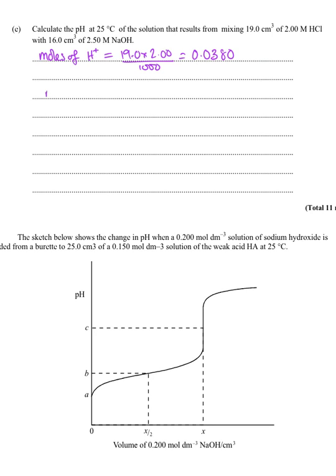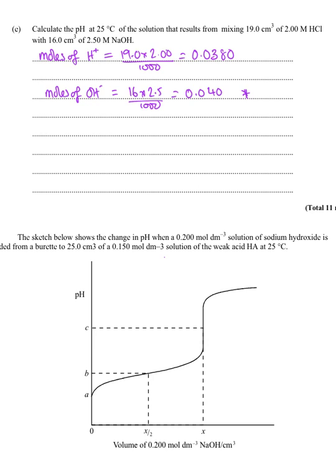And we need to work out the moles of OH-. Again, it's 1 to 1, so every mole of sodium hydroxide is going to give you 1 mole of hydroxide ions. So if we have a look at those two, then the hydroxide ions are in excess.